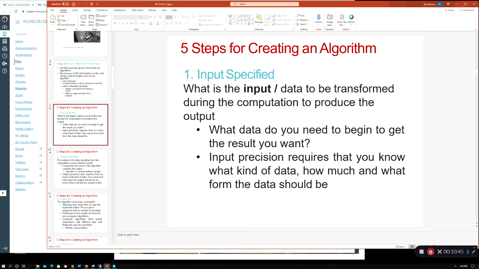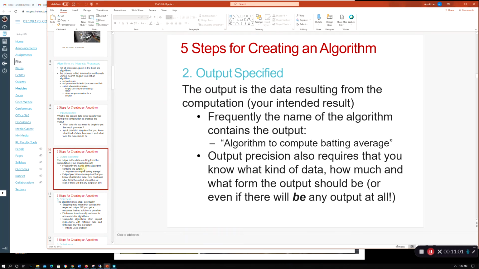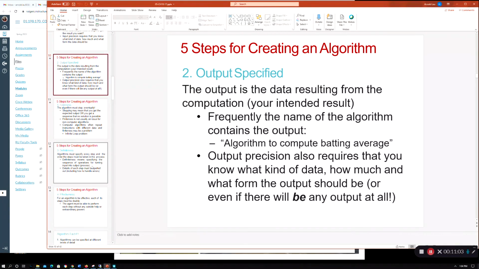So that's one of the steps for an algorithm: something has to come in. What's the data that comes in for you to do some action on? That's the first step. And then obviously you're going to have to have something that comes out the other end.